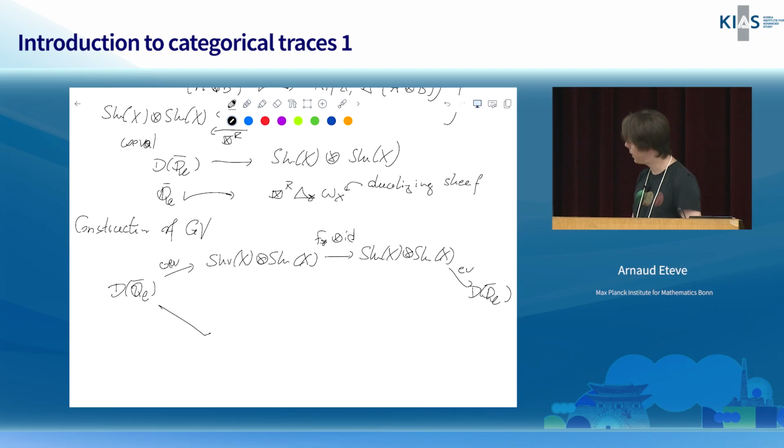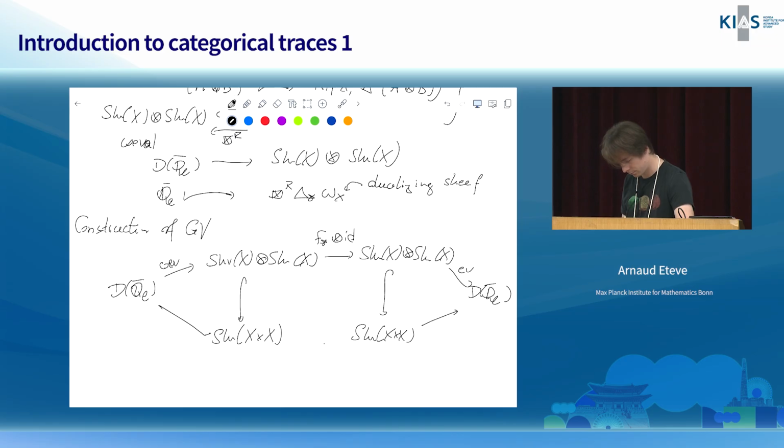And going the other path, we can always embed in sheaves X times X. Okay, and so I will write functors here, which is cohomology of delta upper shriek. Here I'm going to do f times identity lower star.